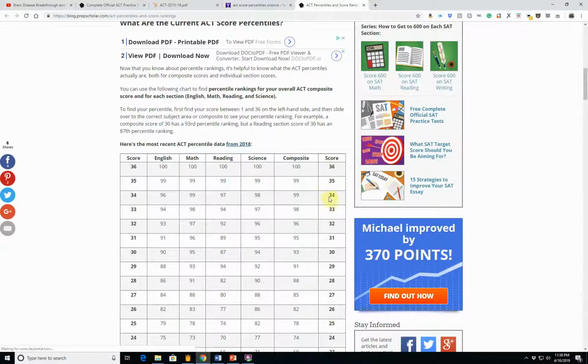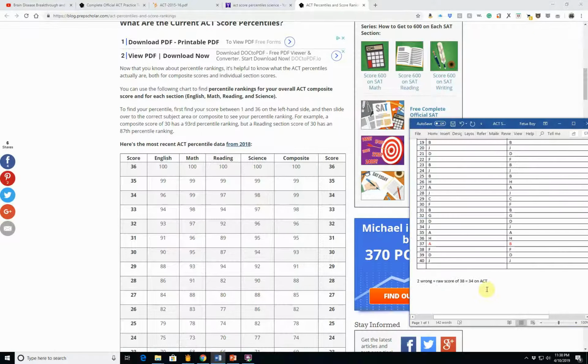We got a 34 on the science, so that's the 98th percentile. Not too shabby. That one was easier than some of the science tests I've taken, but let's go with it.